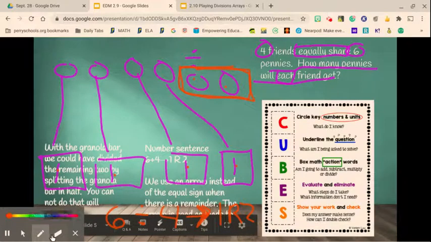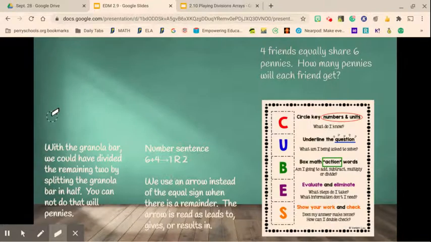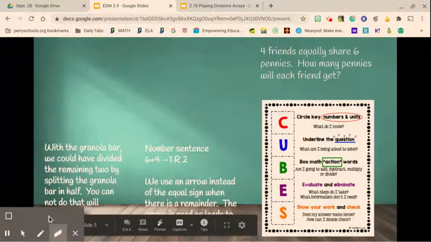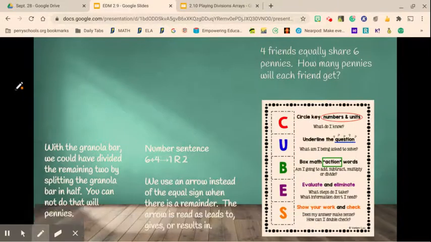When I look at this problem, I know that with the granola bars, I could have divided the remaining granola bars by splitting them. We know that we can split granola bars in half. But with pennies, we can't split them. So when we write that number sentence, 6 divided by 4 goes into it 1 with a remainder of 2.